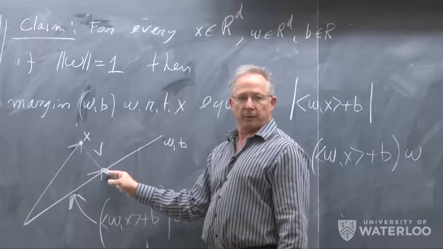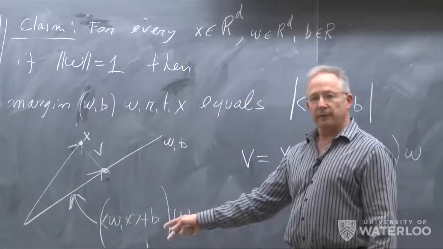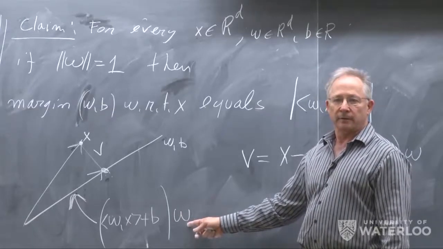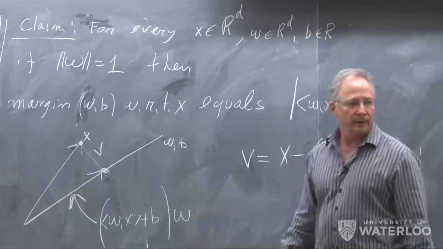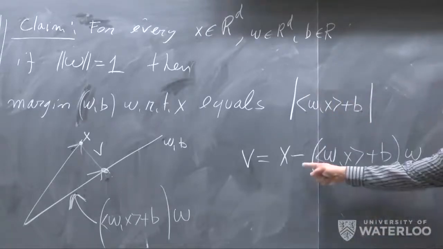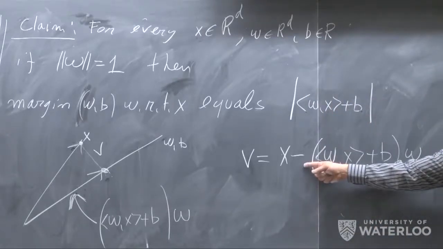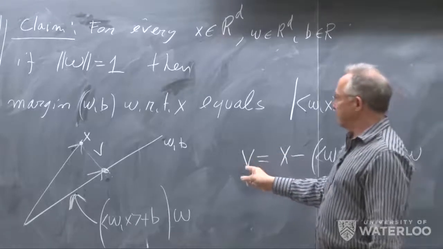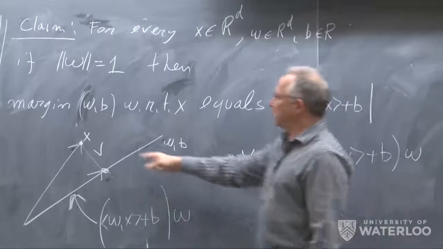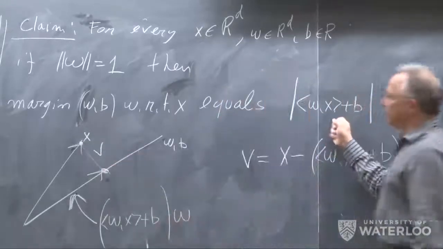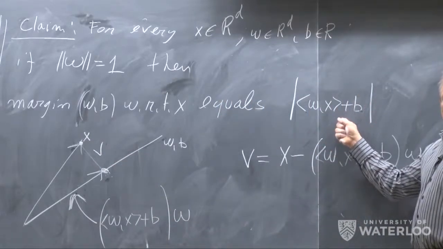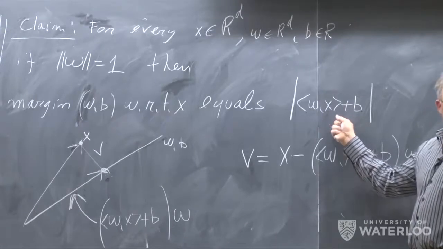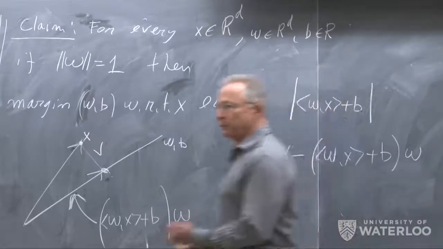The projection of x on w is I take the dot product and I take it along the direction of w. So I claim two things. One of them is that this v is really this number, the distance. And secondly, that this is really the minimum distance from all the points on the line. So I need to make two claims.